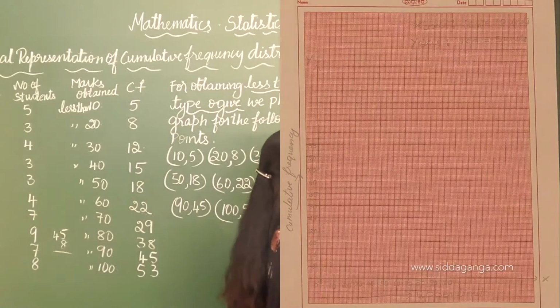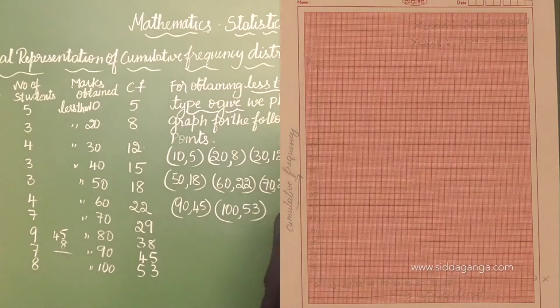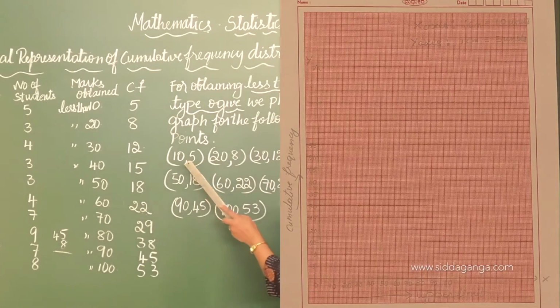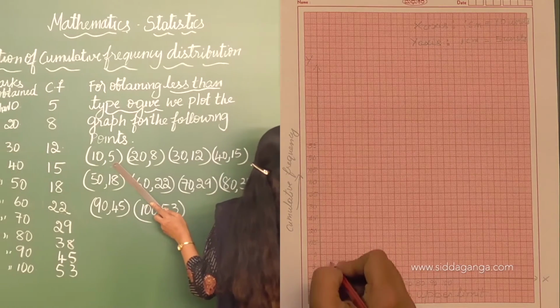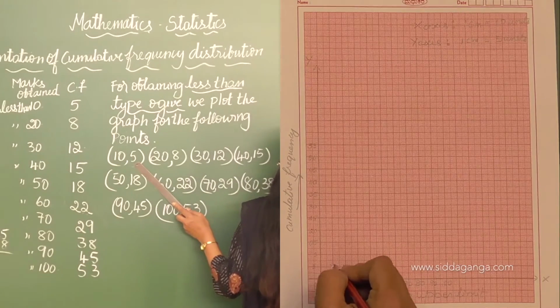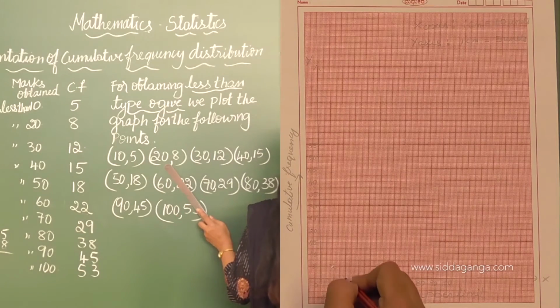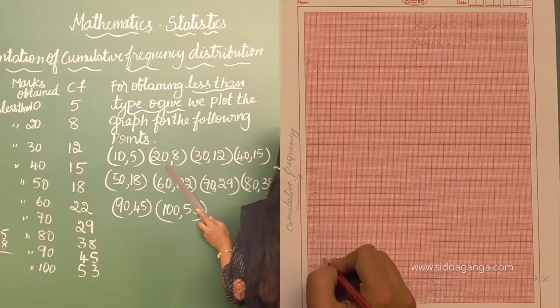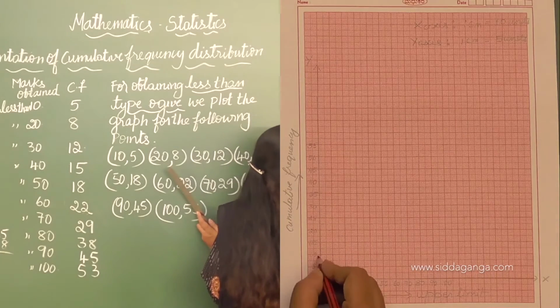Now let us start to plot the graph. Here you can see 10, 5. So here it is 10, 5. Next 20, 8. 28 you won't find here, but you just see here from 0 to 10 there are 20 divisions.